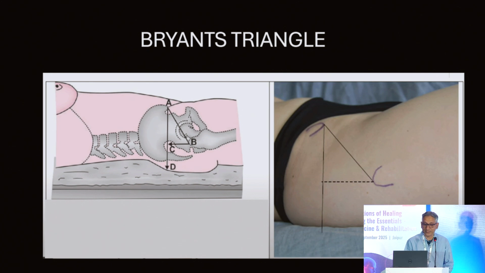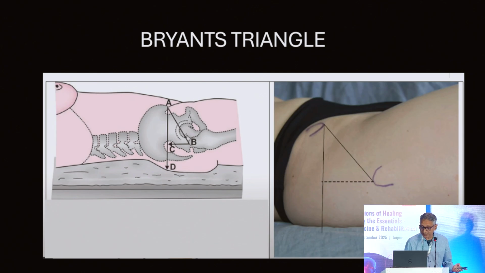You mark three points: one at the ASIS, one at the tip of the trochanter, and a line drawn perpendicular from the ASIS. You can measure this line and compare it with the opposite side. Bryant's triangle you can do only in unilateral disease.